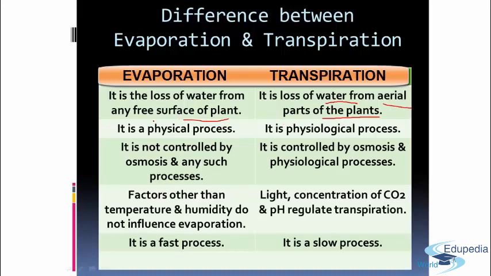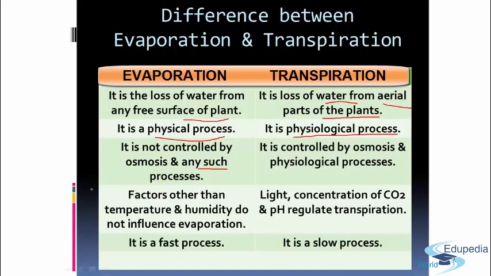Next, evaporation is a physical process, but transpiration is a physiological process. Then a very important point is that evaporation is not controlled by osmosis or any such process. Remember what osmosis is? It is the movement of water molecules. In transpiration, it is controlled by osmosis and other physiological processes.